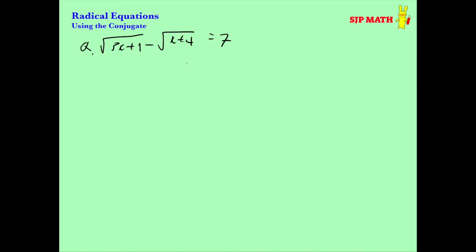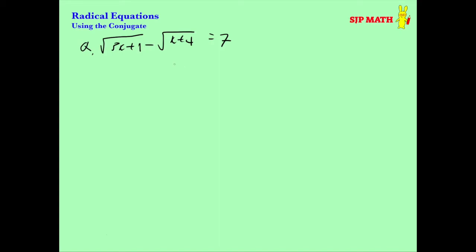You'll have all the radicals gone, so you'll probably be able to solve the quadratic. That is a very basic technique, and if you can use it, then it's better to use that. But here we're going to use the conjugate to provide a more interesting solution to this problem.